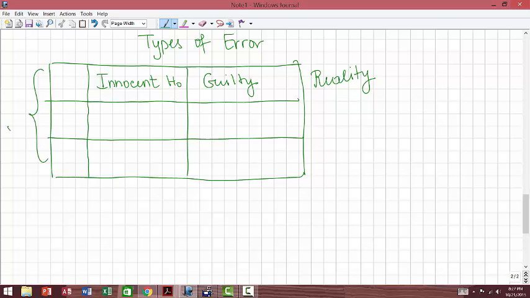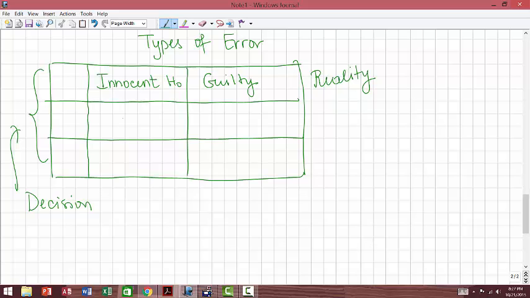So this is representing decision. Okay, so let's say that the prosecutor collected some evidence, presented it to the jury, and the jury makes the verdict, right?